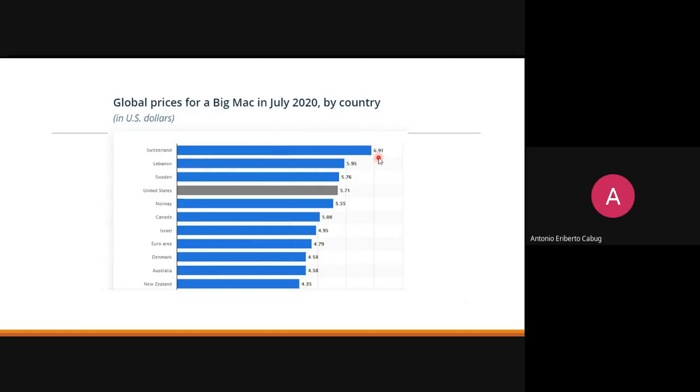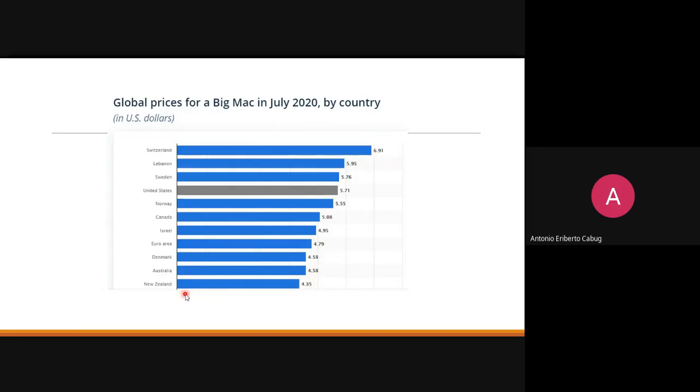I repeat, the absolute PPP is said to be true because if there will be a case that it's not true, people will engage in arbitrage. Those who are in New Zealand will buy it at a lower price and sell it in Switzerland at a higher price. What would happen if they will do this?